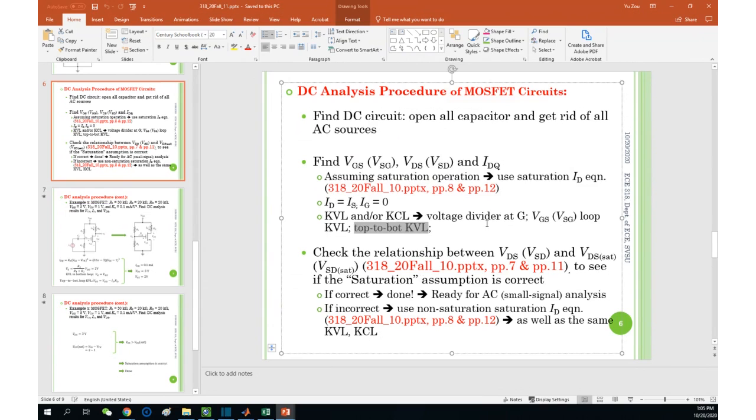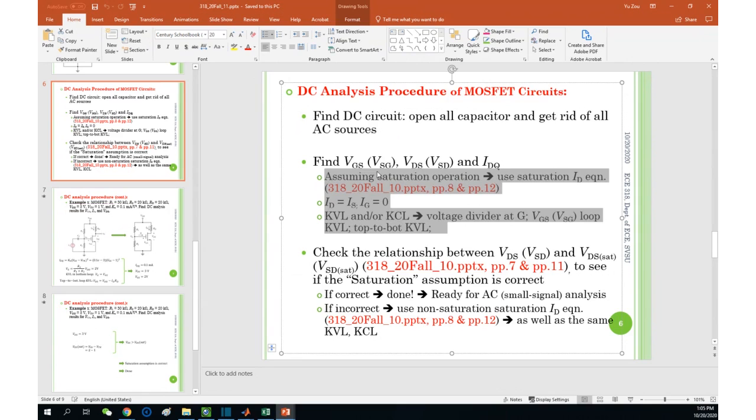To find the VGS loop KVL, we very likely need a voltage divider first to find the voltage at P and the voltage at the gate. This is pretty much circuit analysis. Based on these, we should be able to come up with the VGS, VDS, and ID values. Next, we need to check whether the previous assumption is right or wrong.